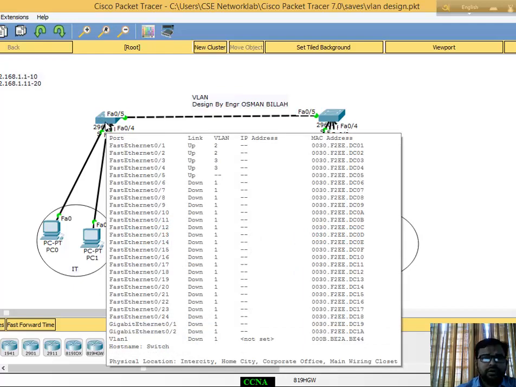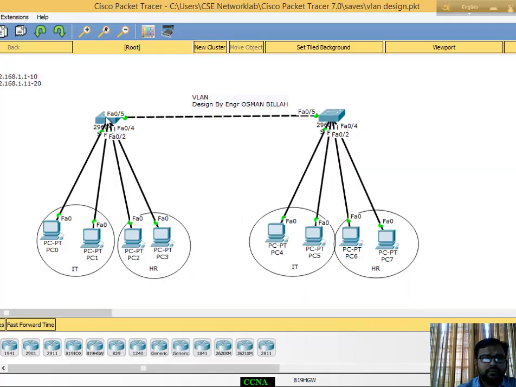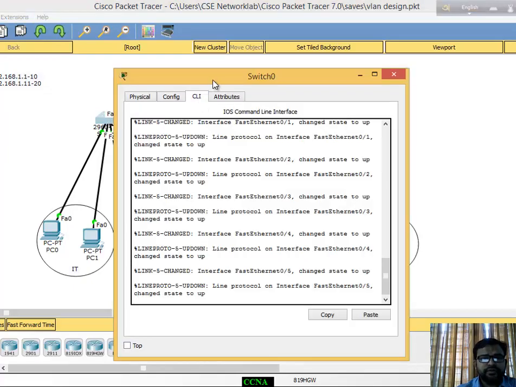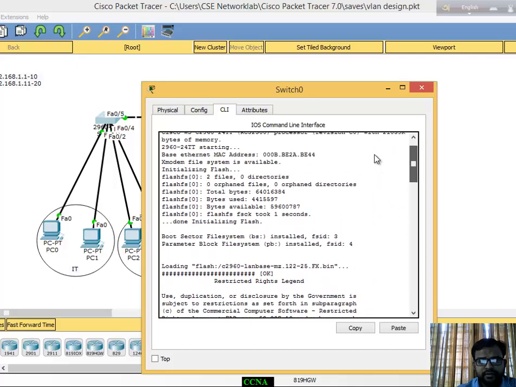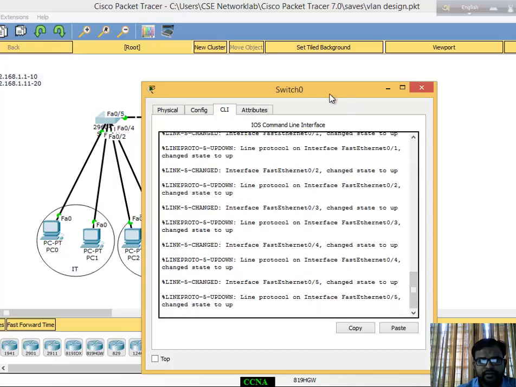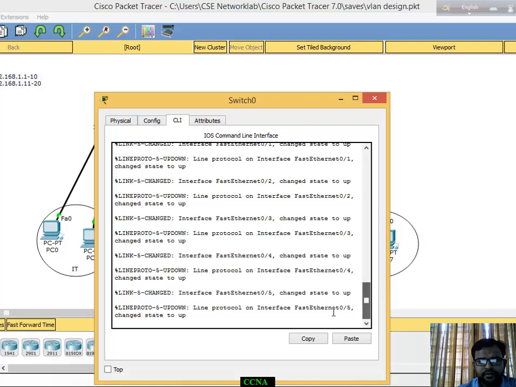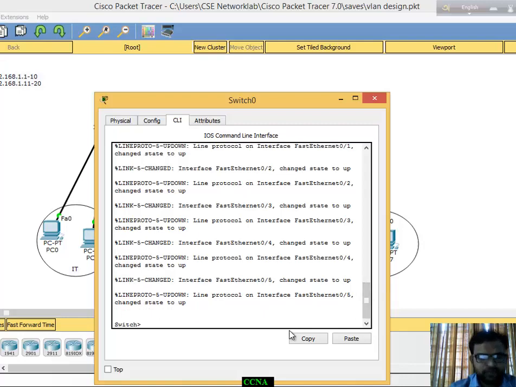So how can you configure this switch? Here we configure this switch as a VLAN.